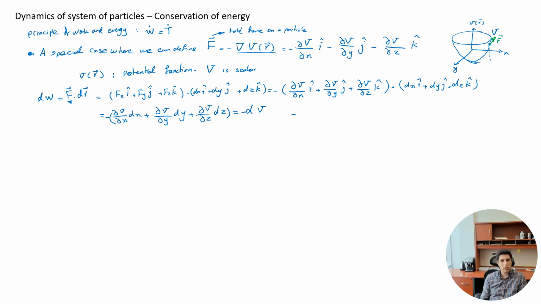So dW, the infinitesimal work, is the infinitesimal change in the potential function, or dW plus dv equals 0, or W plus v equals some constant.